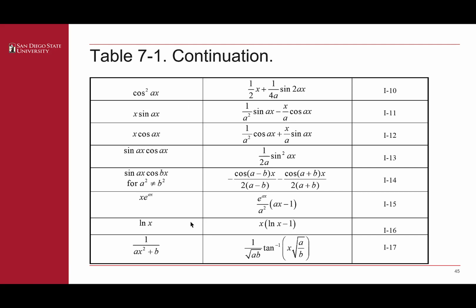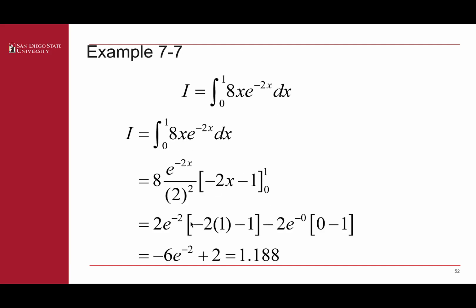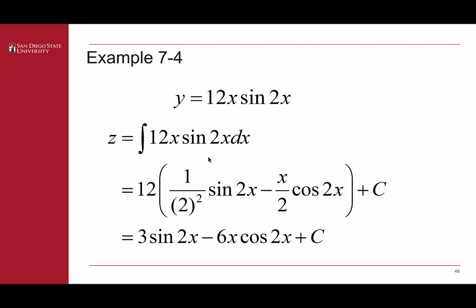Here, we should write this formula directly for sin 2x, and we will finally get 3 times sin 2x minus 6x times cos 2x plus c again.